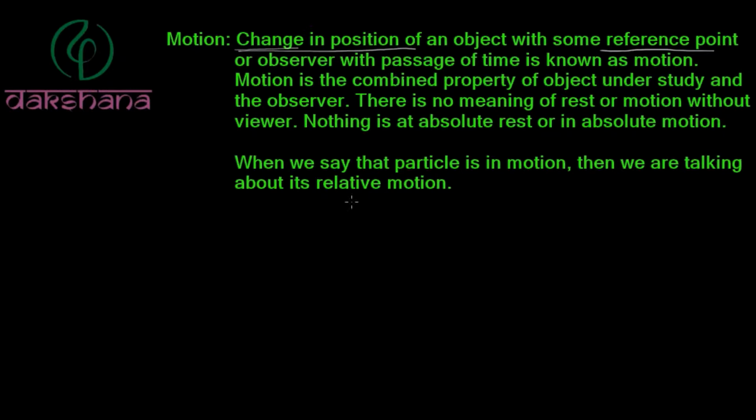Any kind of motion that is described or studied in nature is actually relative motion. First we have to choose some reference point, and with that reference point we study the object whose motion is to be defined. Let's take an example. Suppose we are standing on earth. Suppose this is earth and this is moon.